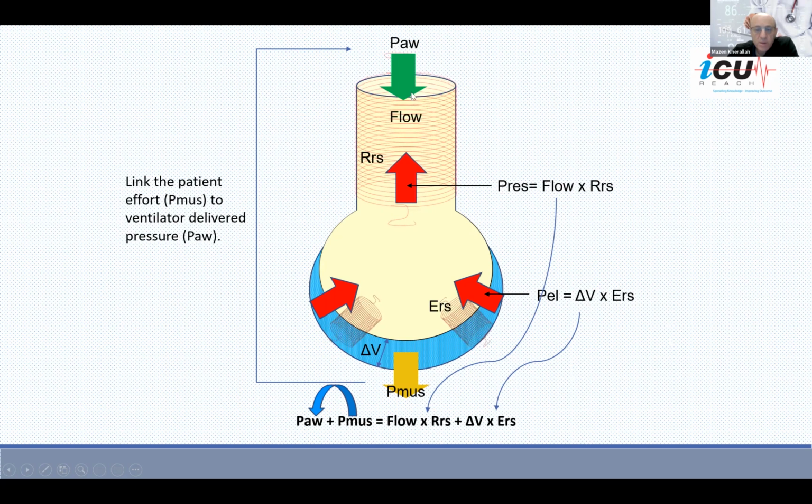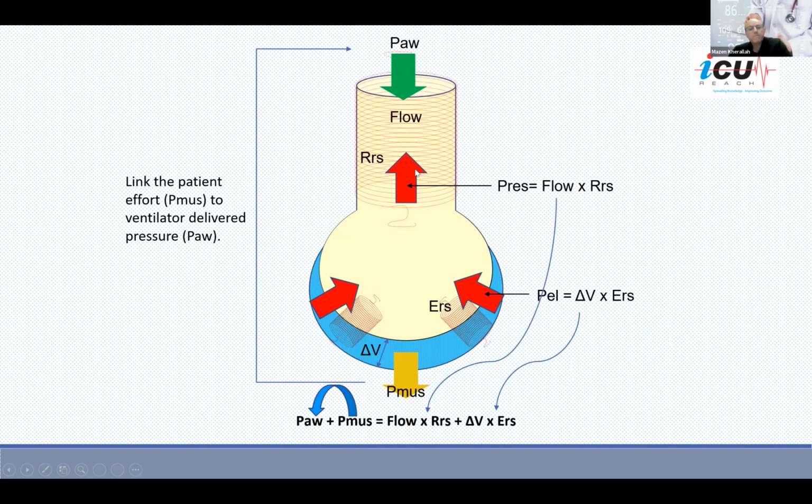And once we overcome the airway resistance, the flow goes into the alveoli. And at that time, we need to expand these alveoli. In order to expand the alveoli, we need to overcome the lungs and chest wall elastance. And then we generate a volume for the patient.